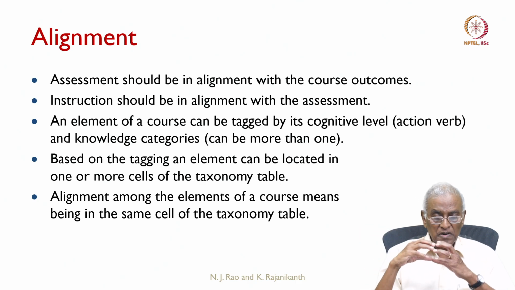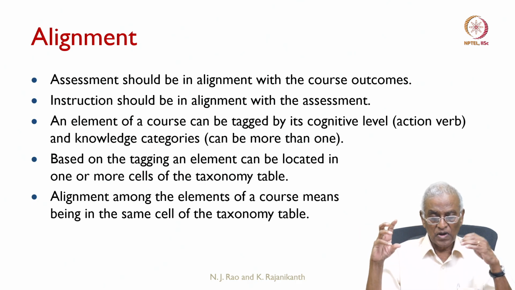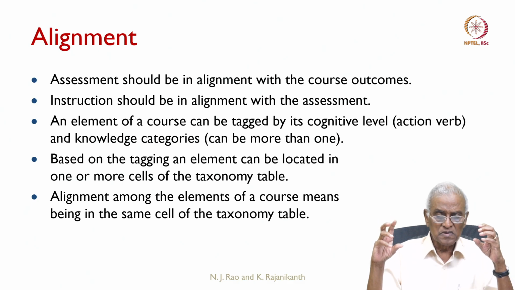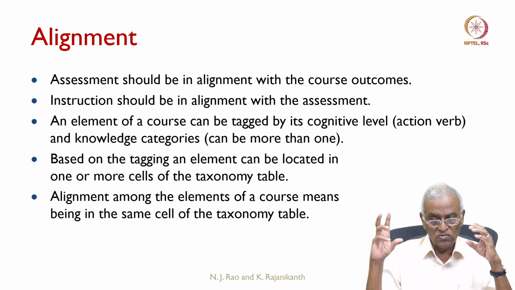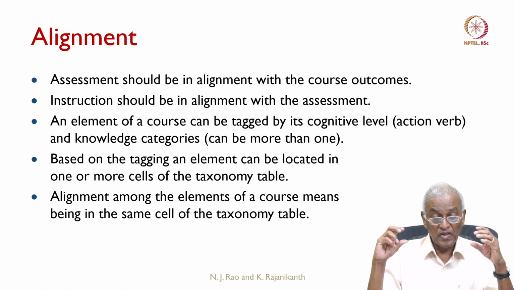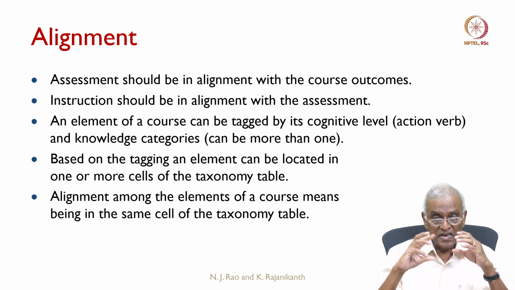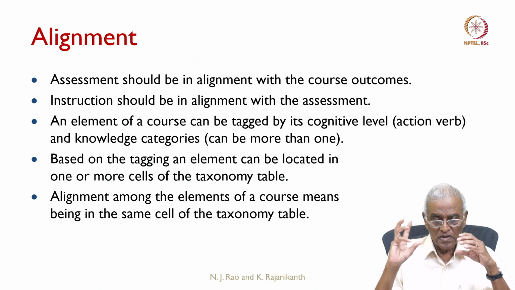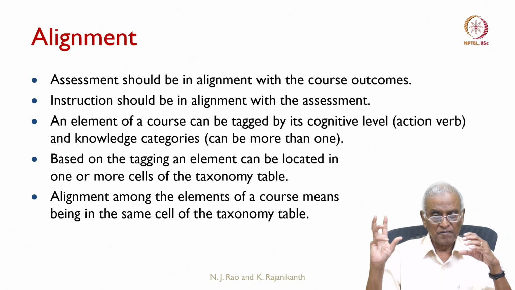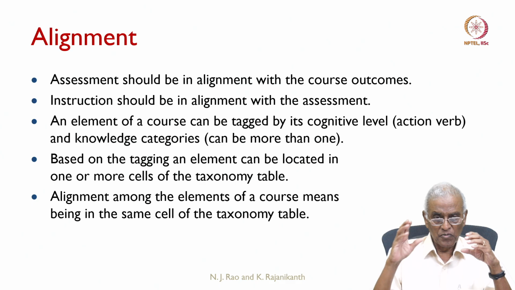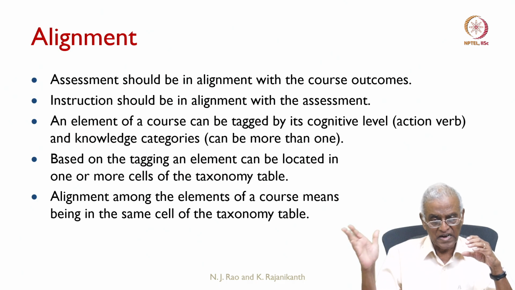If I have multiple knowledge elements and one action verb, or sometimes even more than one action verb, we'll come to that later, then my tagging will put my course outcome in more than one cell, because multiple knowledge elements belong to different knowledge categories.